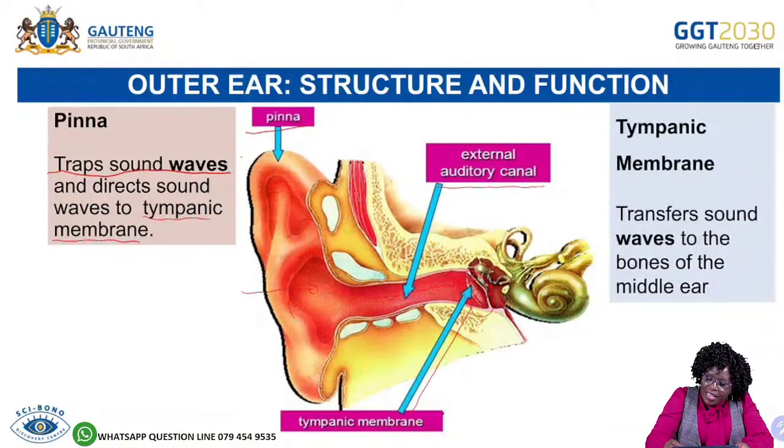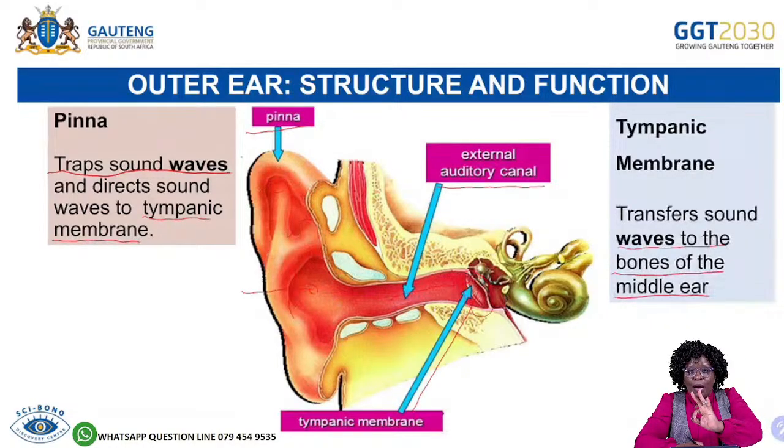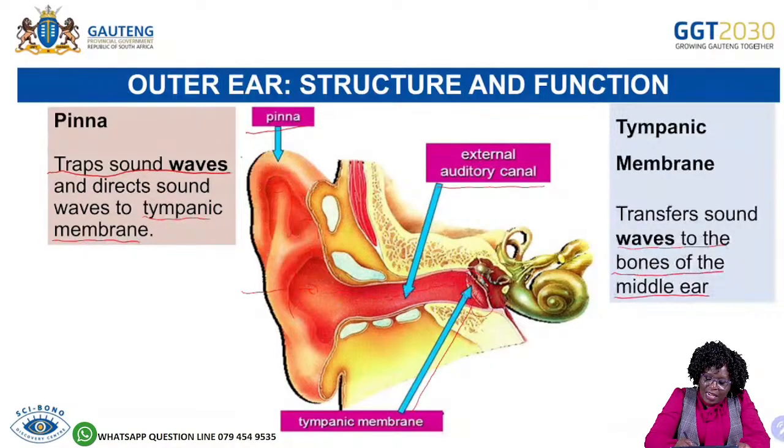It transfers sound waves to the bones of the middle ear. Do you remember the 3 bones that we spoke about that are found in the middle ear? So the tympanic membrane, its responsibility is that whatever has arrived here must now be conveyed where? It must be conveyed to the inner ear.